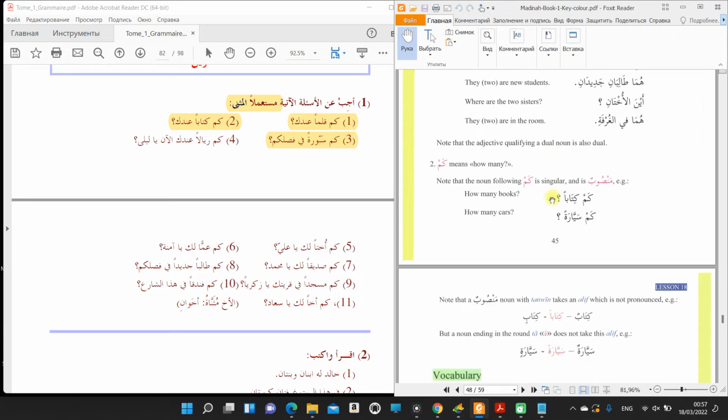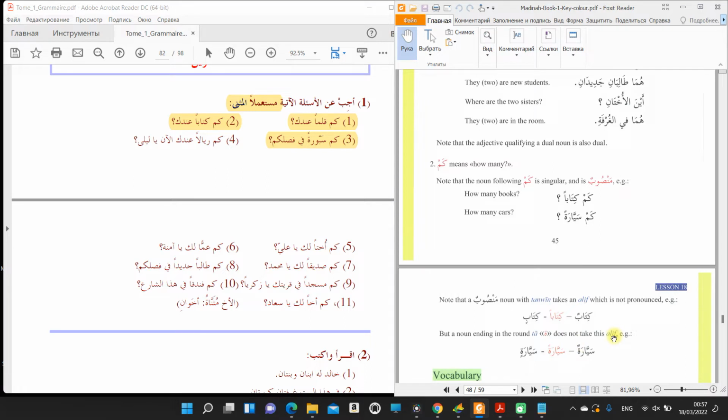And here is the note. A noun ending in the round ta, which is called ta marbuta, doesn't take this alif. So kitabun doesn't have ta marbuta in the end, so it takes alif. But the word that has ta marbuta in the end doesn't take this alif.